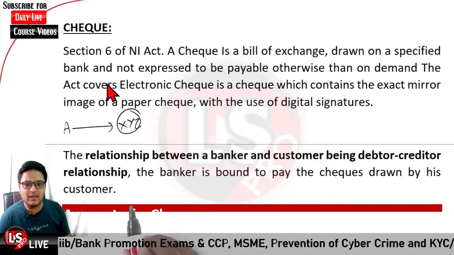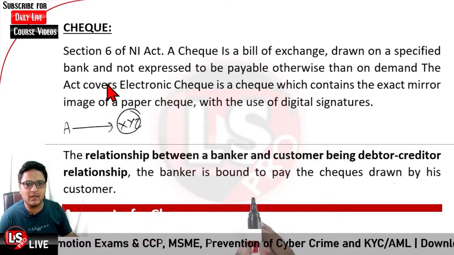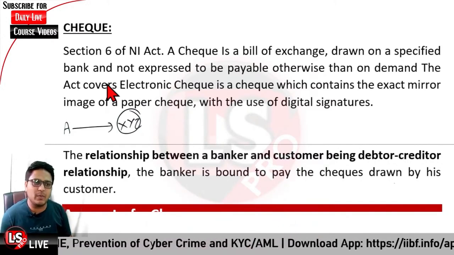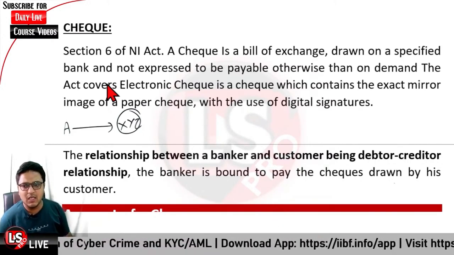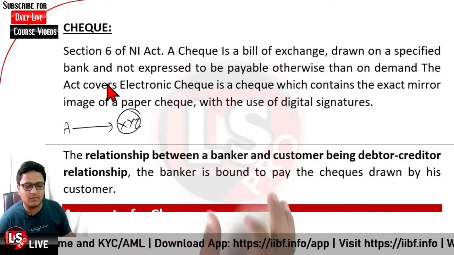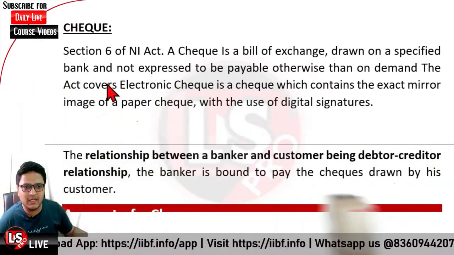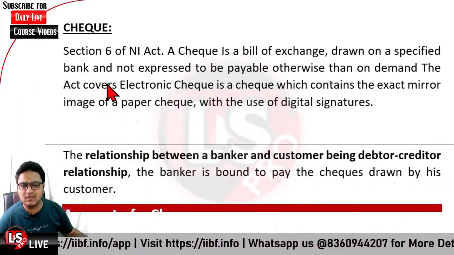That is why the relationship between a banker and customer is said to be debtor and creditor. The bank is bound to pay the checks drawn by its customer if the check is otherwise in order.